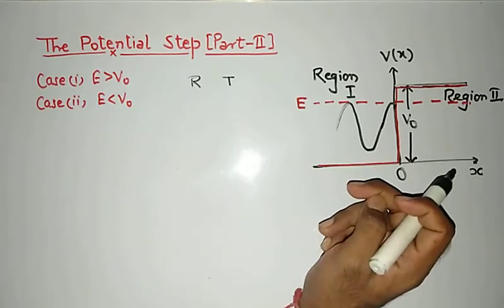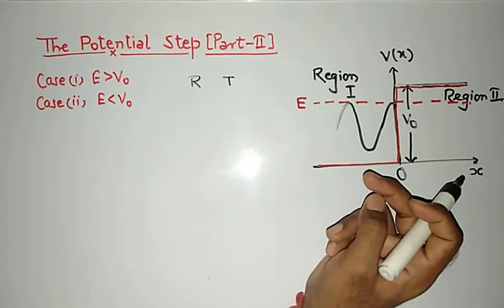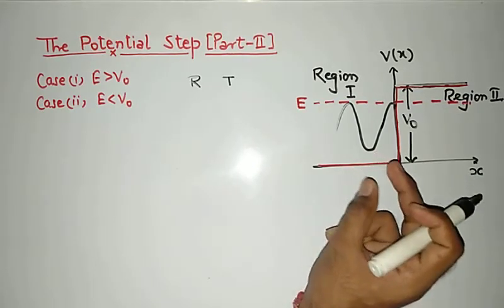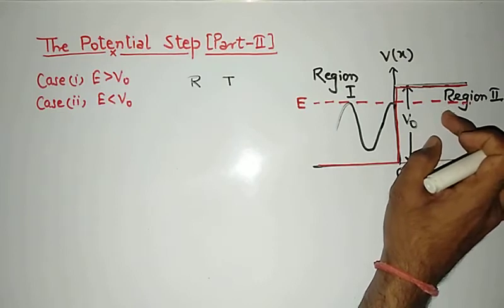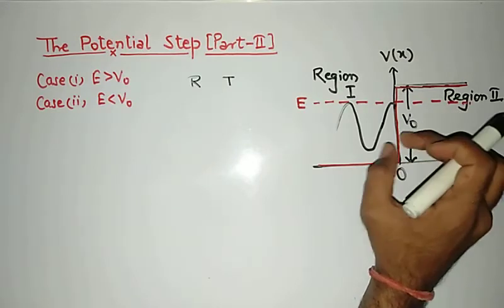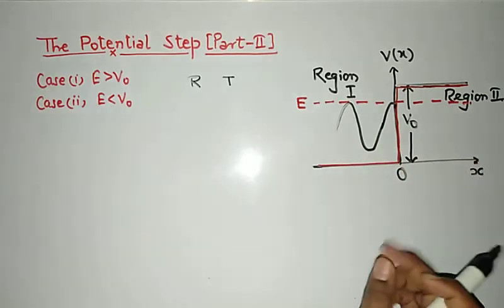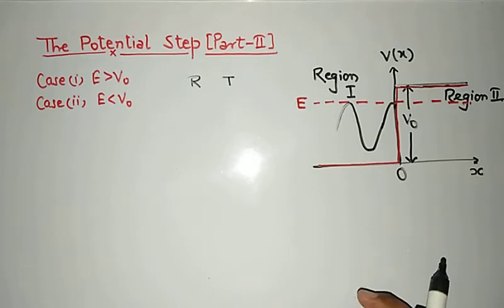But according to quantum mechanics, we want to see whether there is any probability that this particle will approach here, or this wave nature will exist here also. So this is our aim, and we will show this by finding some expression.